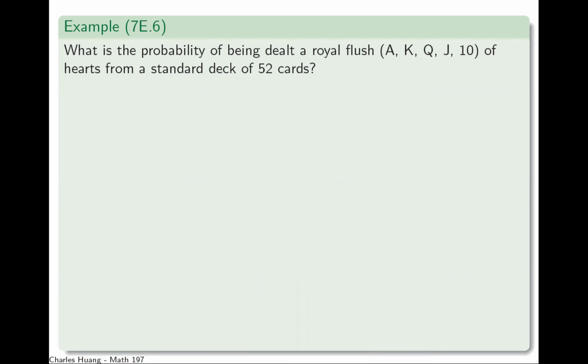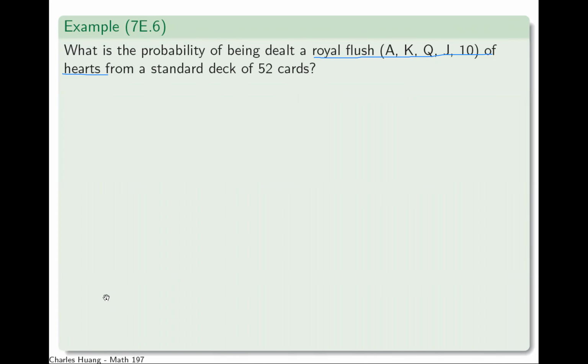Now, if we want to extend this a little bit, the counting that we are doing, we can use this counting to find probabilities. Suppose we want to find a royal flush of hearts. You'll notice there's only one outcome that gives me the royal flush of hearts.